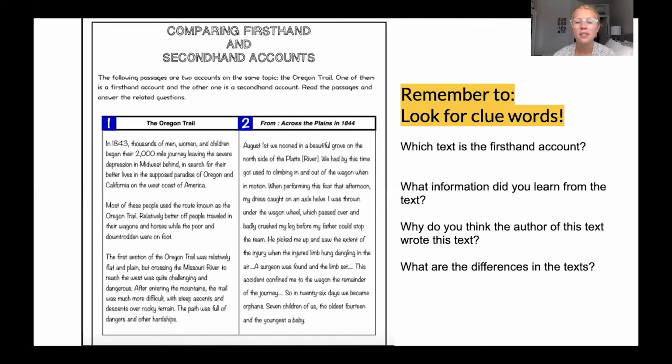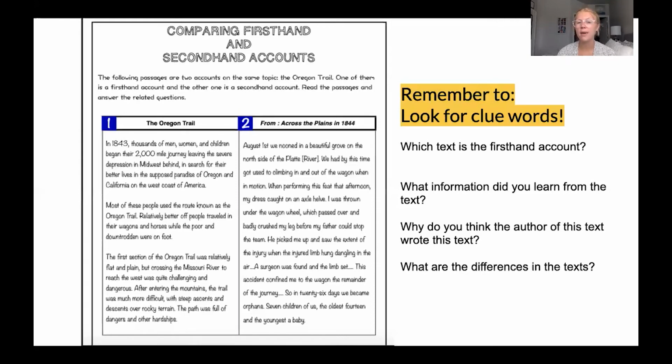He picked me up and saw the extent of the injury. When the injured limb hung dangling in the air, a surgeon was found and the limb set. This accident confined me to the wagon the remainder of the journey. So in 26 days, we became orphans. Seven children of us, the oldest 14, and the youngest a baby.